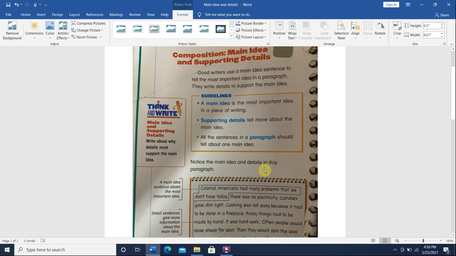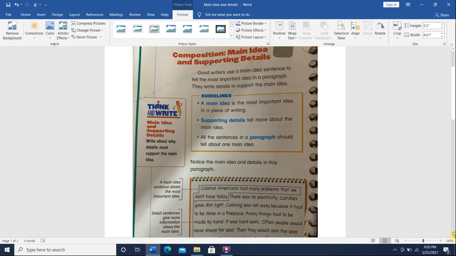So when we write a paragraph, we should write a main idea sentence, which tells you the most important idea of the writing, and then we start writing details that support the main idea. Any detail that we write should tell us about the main idea.